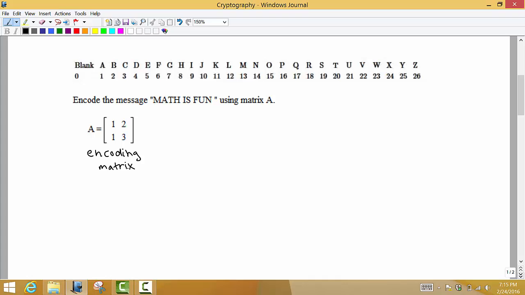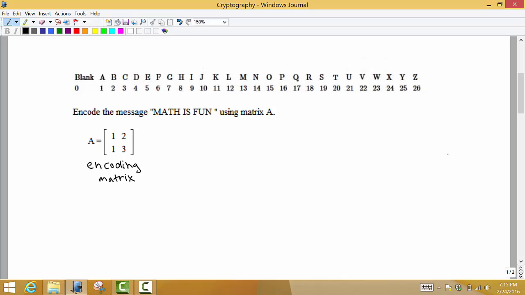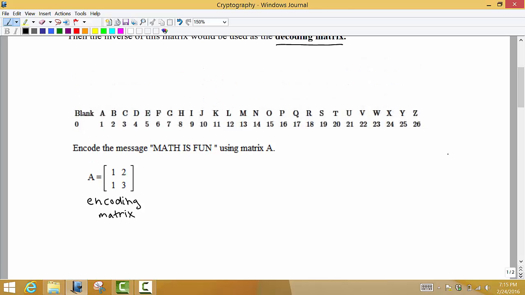Alright, so how this is done, and let's talk about the theory behind this. We're going to take our matrix A and multiply it times another matrix B, and that's going to give us a matrix C. Matrix A will be the encoding matrix.